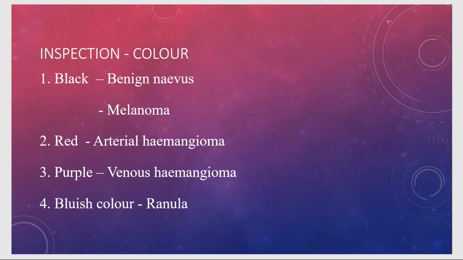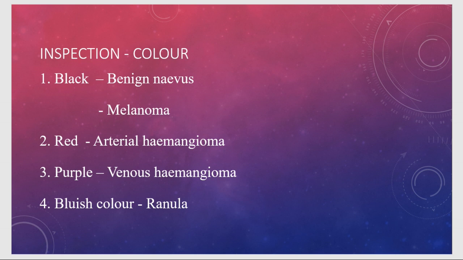A black swelling. Okay, if the swelling is red, it could be hemangioma, and especially the hemangiomas could be arterial or venous. So if a red swelling is there, without any history of trauma, without any history of fever, inflammatory pathology ruled out, so red swelling means arterial hemangioma.